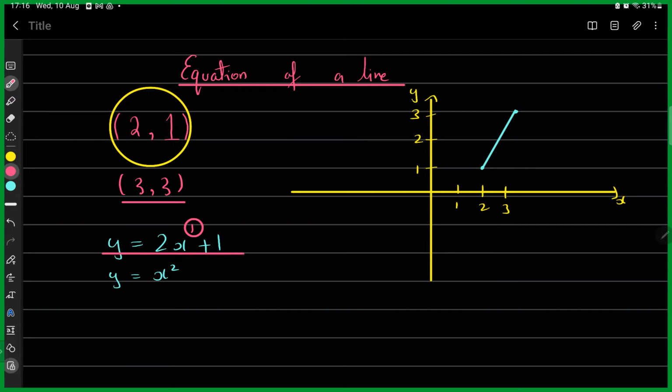That basically means the power of x is 1. So whenever the highest power is 1, that equation is considered to be a linear equation. But for this one, you can see y equals x squared. So it means that the highest power, or the power that you can see on the variable, is basically 2, right? So that is why this was linear and this was quadratic.